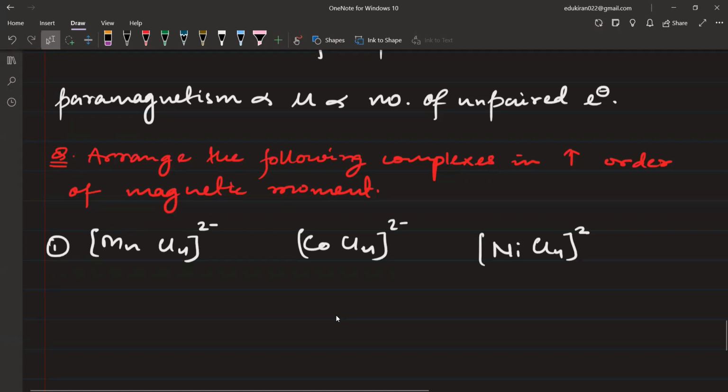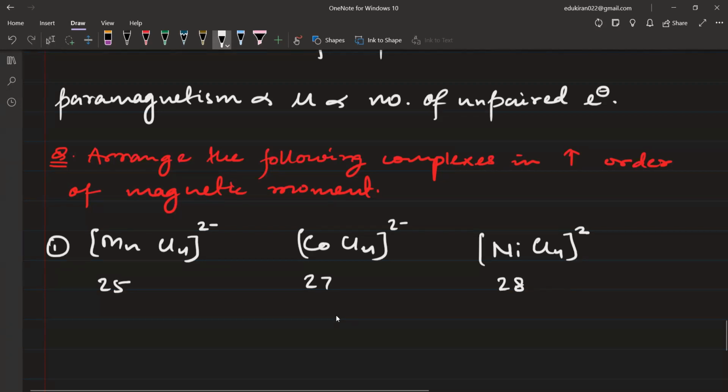For manganese, it is how much? Anyone? Shakti Vikram. 25, sir. Yeah, correct. Shakti Vikram, 25. And cobalt is 27. Nickel is 28. Correct.